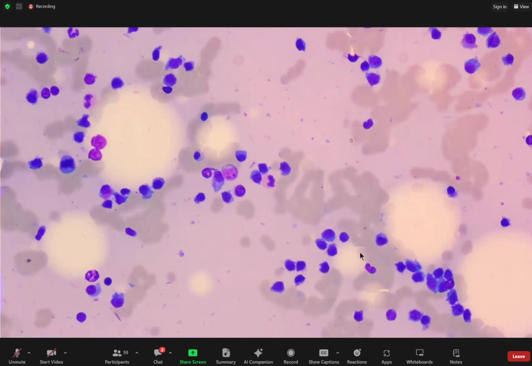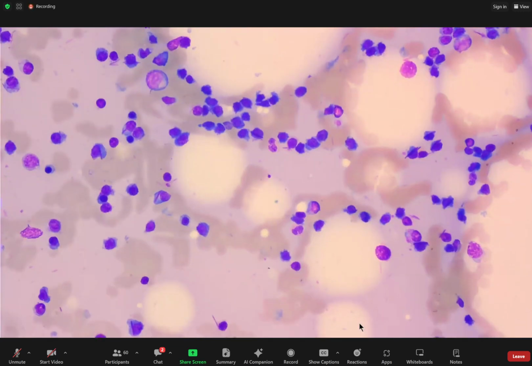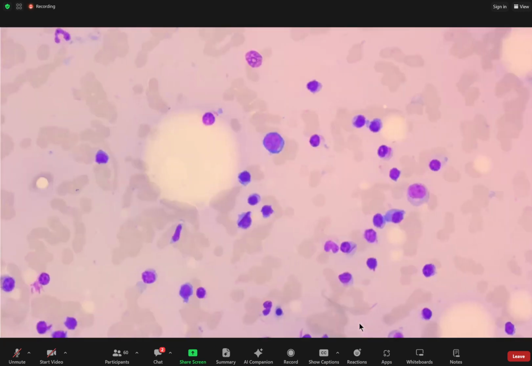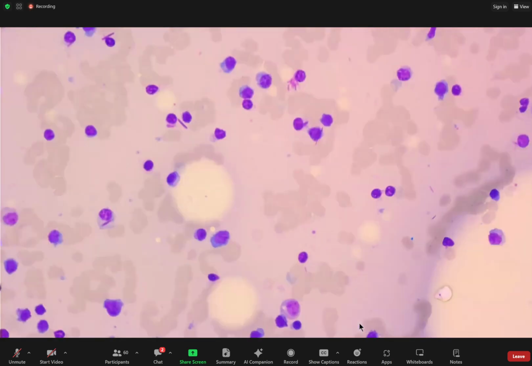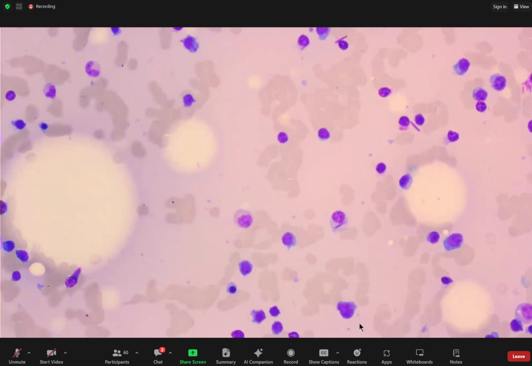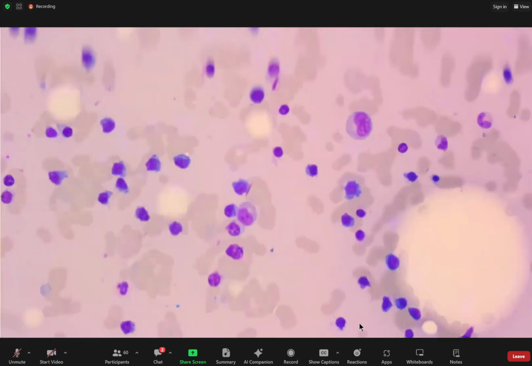So these cells, the plasma cells, have Auer rod-like inclusions in the cytoplasm. Most of the cells are small to medium size with eccentric nuclei, with visible intra and extracellular Auer rod-like bodies.